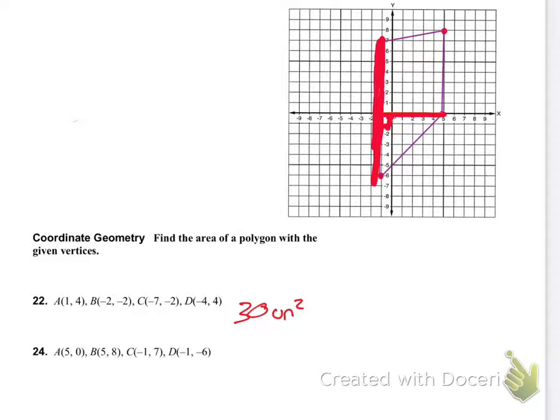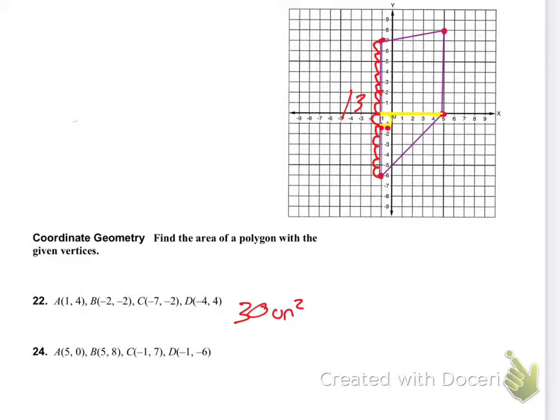So I would need 1, 2, 3, 4, 5, 6, 7, 8, 9, 10, 11, 12, 13 would be my base. So that's 13 right there.